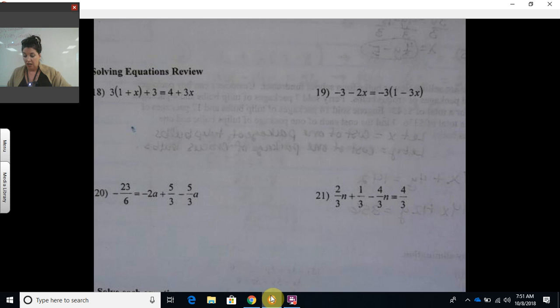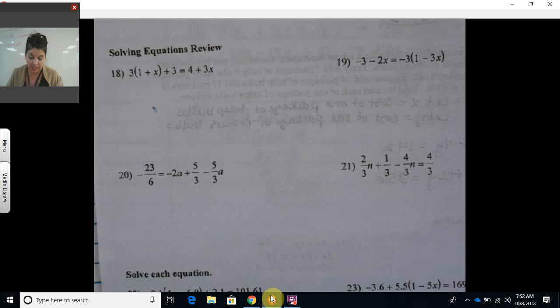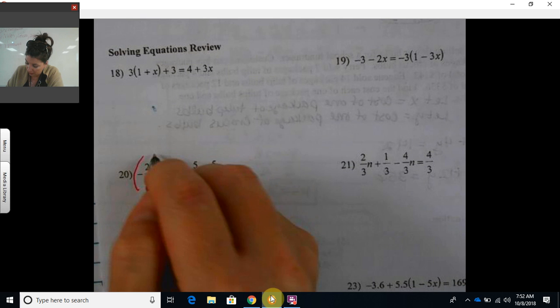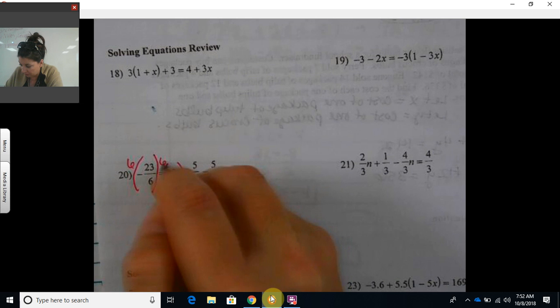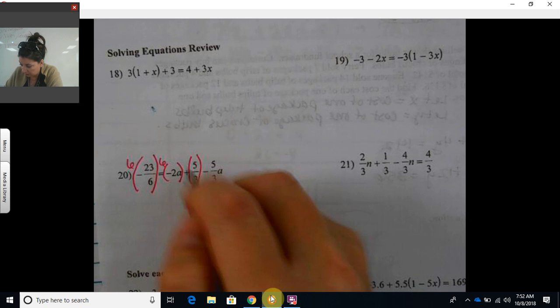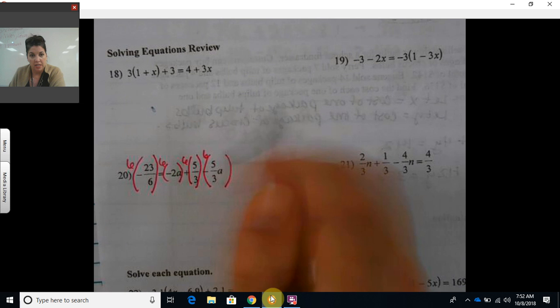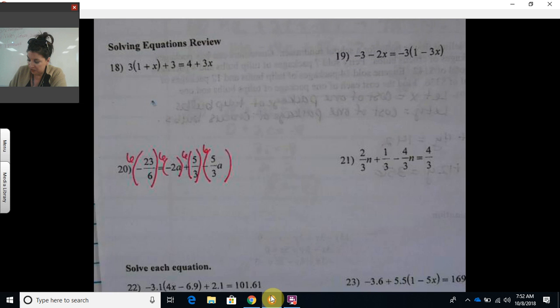On number 20, what is my least common multiple of 6 and 3? 6. So I'm going to multiply each term by 6 to clear the fractions. Now in the first fraction, the 6's cancel, right?